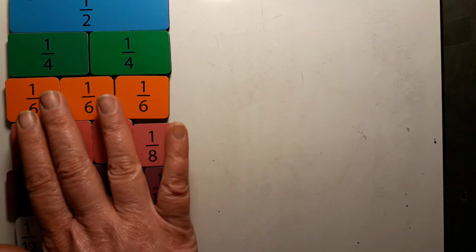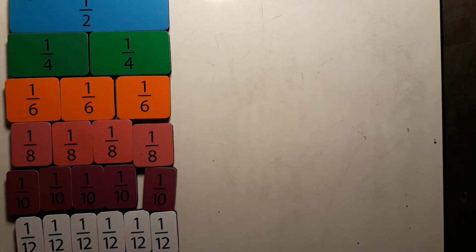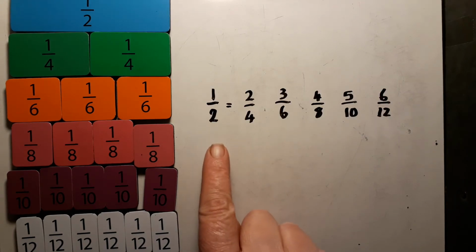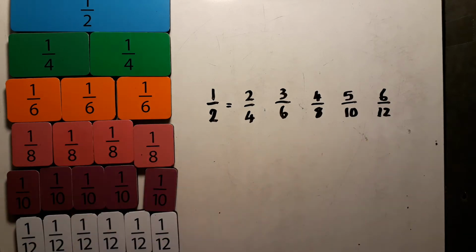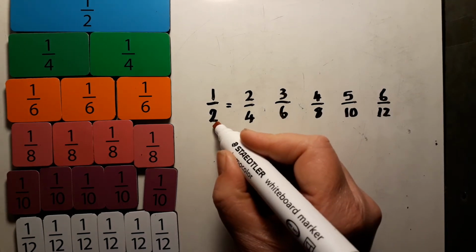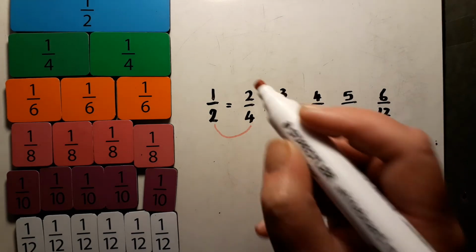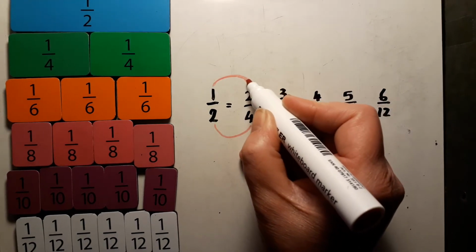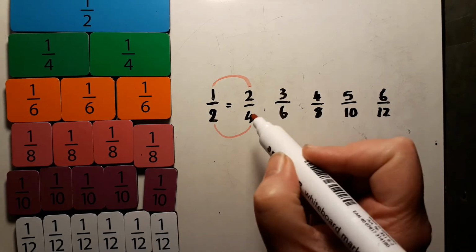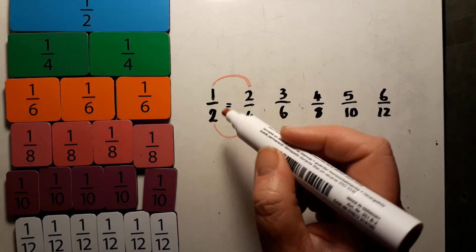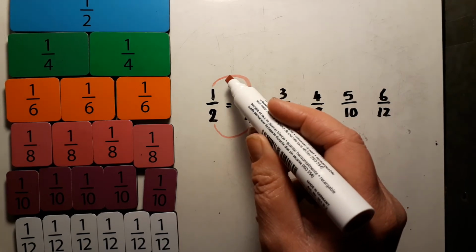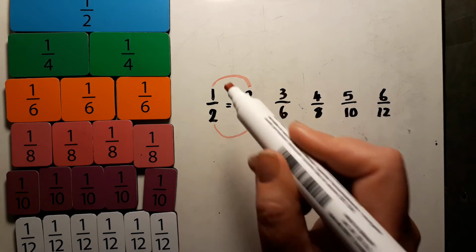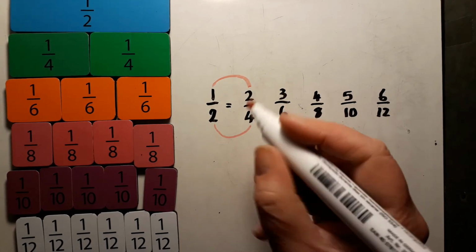We can see, so here is my fraction half, and here are the equivalent fractions we've made, and I'm going to start looking and thinking again about how the denominator and the numerator have changed. And we talked on Friday about whatever has been done to the top, however the top has changed by multiplying or dividing, we must do the same to the bottom.